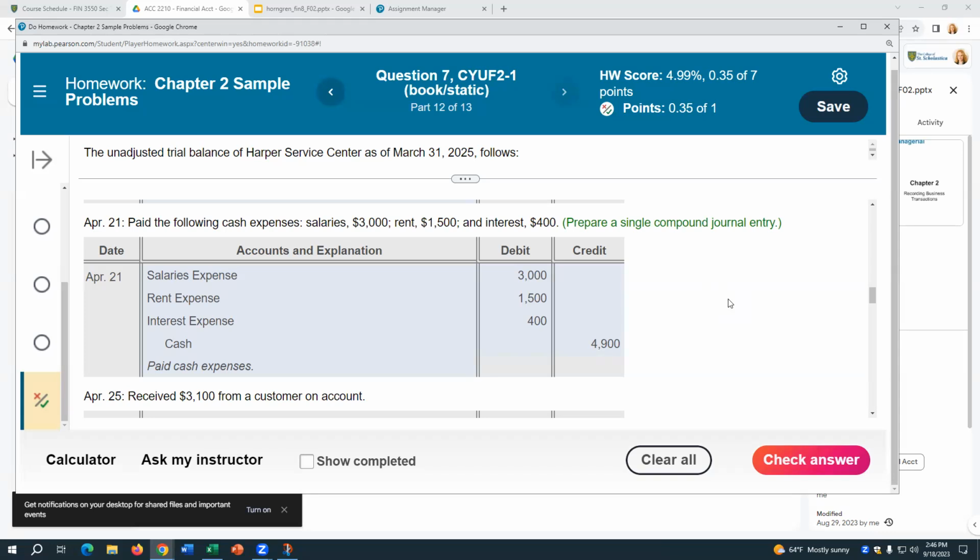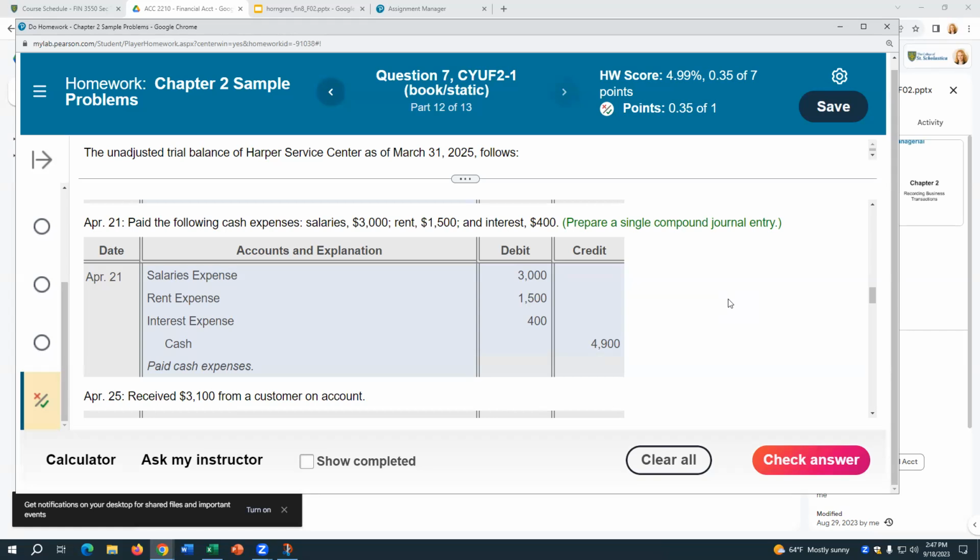Okay, now receiving $3,100 from a customer on account. So earlier we performed some services for someone and they did not pay us. So we debited our accounts receivable and we credited revenue. Now here, this is a case where the revenue was earned a while ago, but we've been waiting for them to pay it to us, right? So we don't want to record revenue again because we already recorded that.